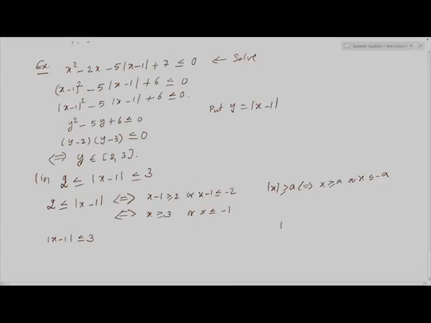Already we have seen that |x| ≤ a if and only if x lies between -a and a. Hence this is if and only if -3 ≤ x - 1 ≤ 3, which is if and only if, keeping x in the middle, -2 ≤ x ≤ 4.